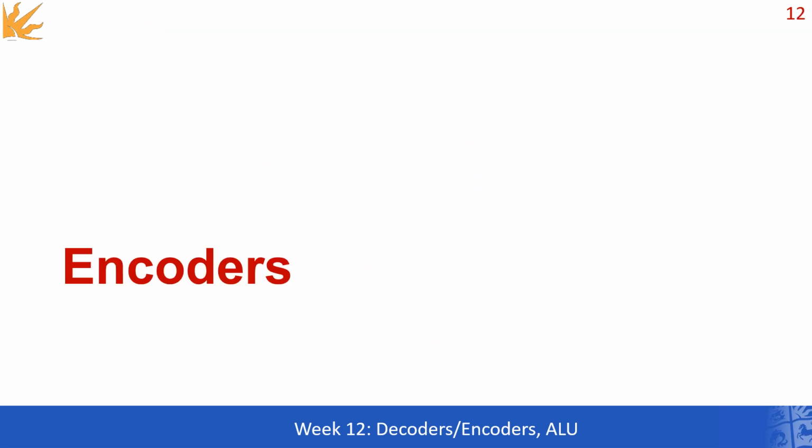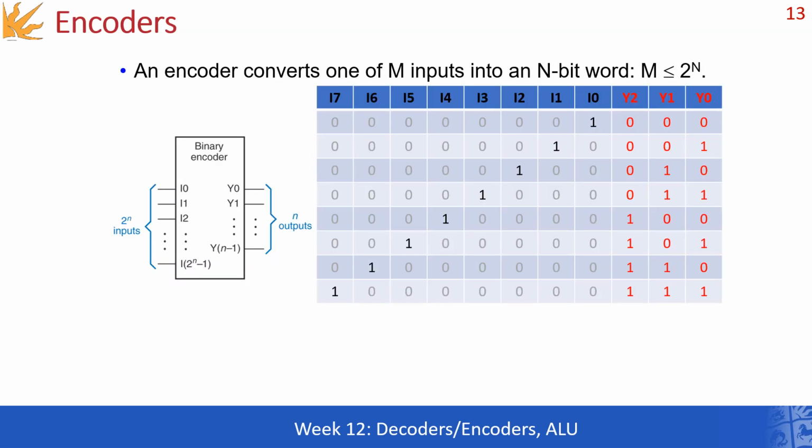Now let's talk about encoders. As you can imagine, an encoder does the exact opposite job of a decoder. So this means that you get a number of inputs and only one of them is enabled at a time. And according to the unique input that is enabled, you get a specific output coming out.